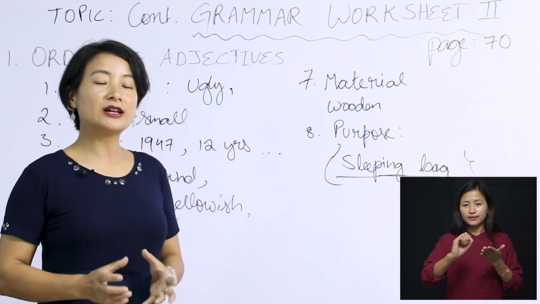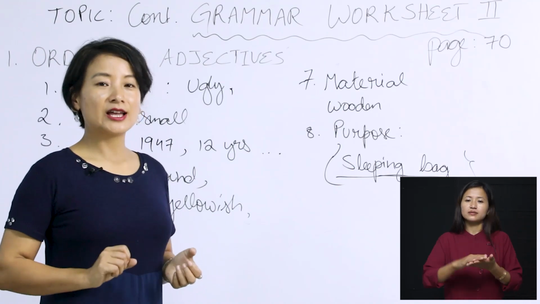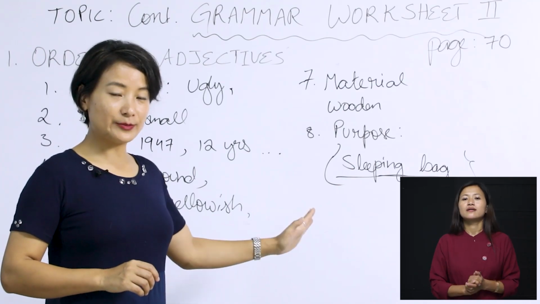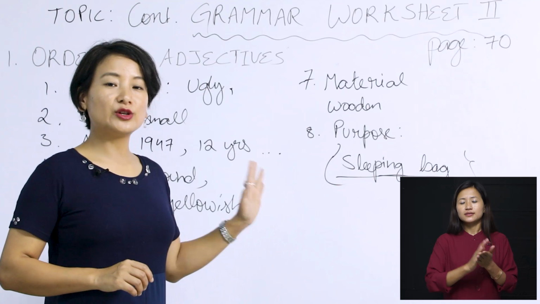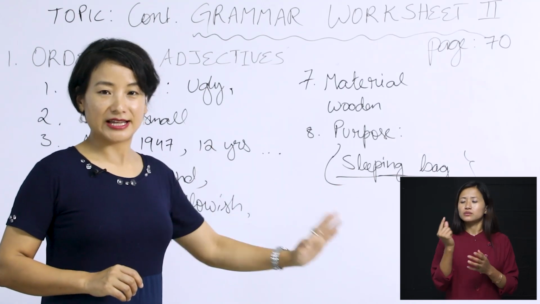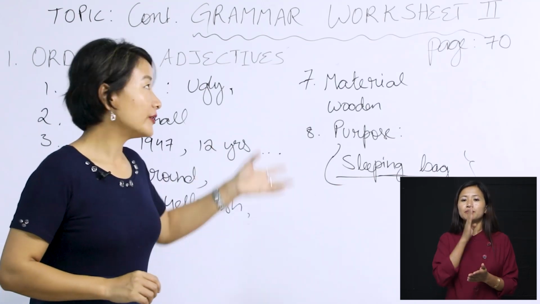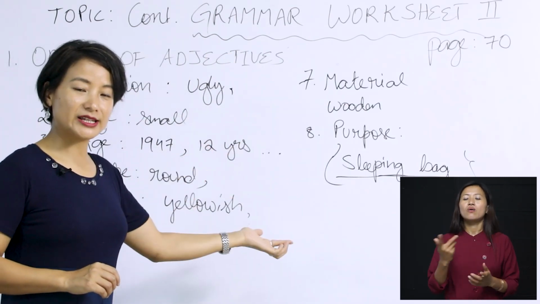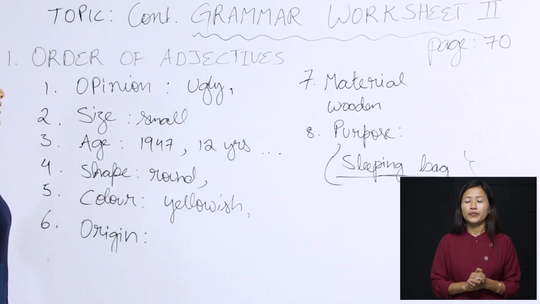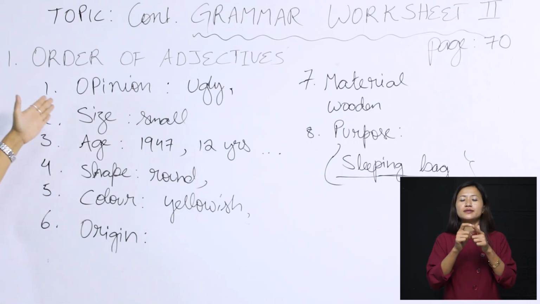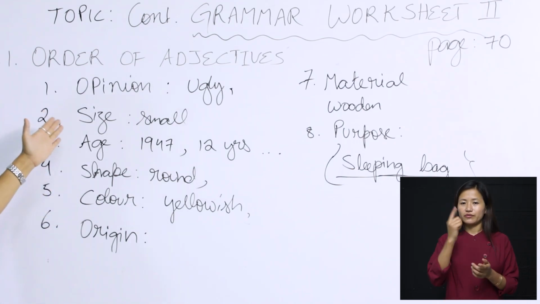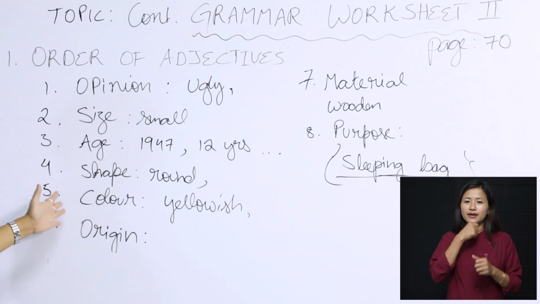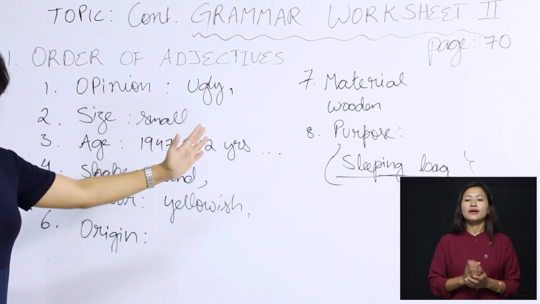Maybe you have a particular desk to write things. So writing, that is the verb there, no doubt. But if you use it together, writing desk, then it becomes a part of the adjectives describing the desk, what kind of a purpose it is. So these are the order of adjectives. I'm going to repeat. Opinion comes first, then size, age, shape, color, origin, material, and purpose.